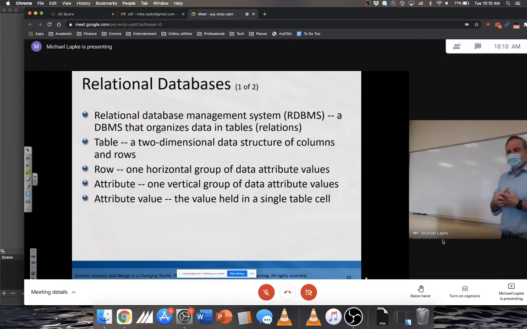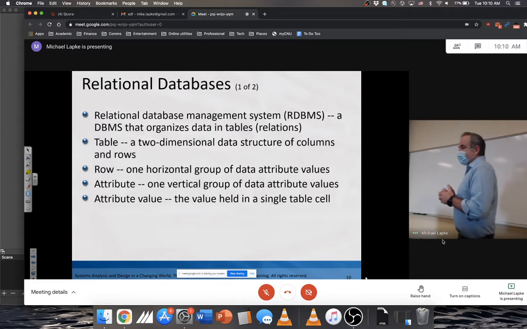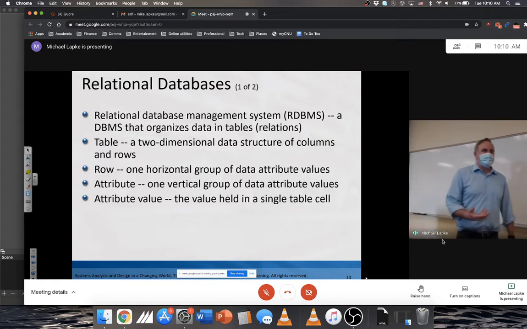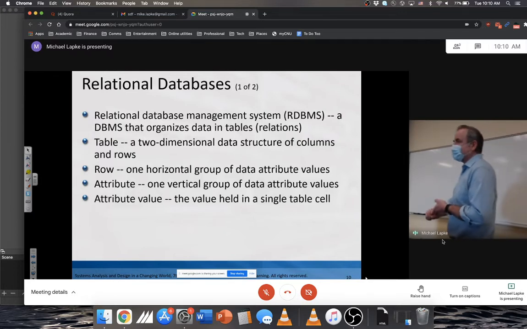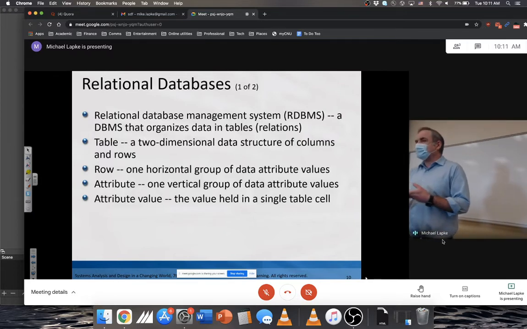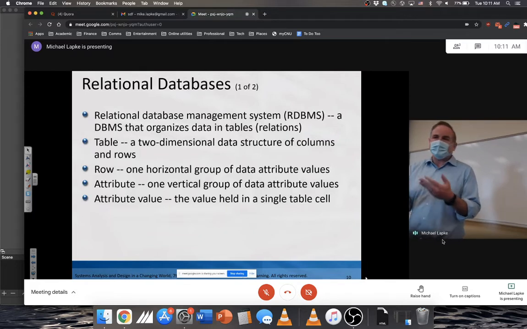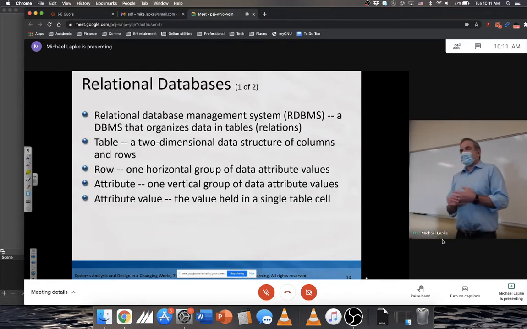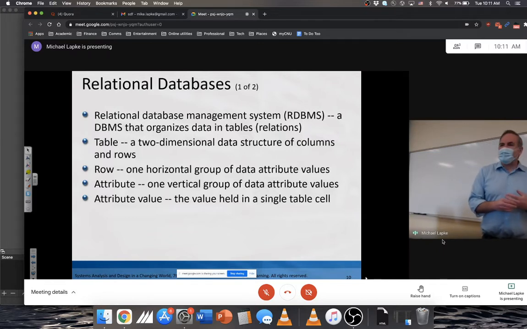Relational databases. Another interesting thing here, pretty much any database class that you might take, they talk about all the different styles of databases. There's hierarchical databases, there's network databases, there's relational databases, and it always annoys me to no end because all the ones that are not relational databases are more academic exercises.